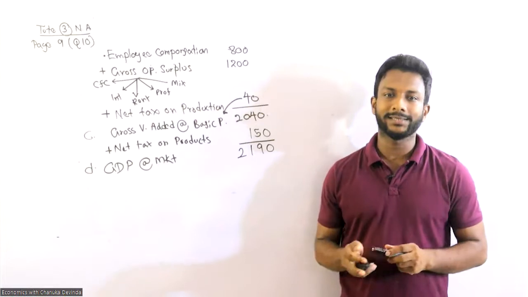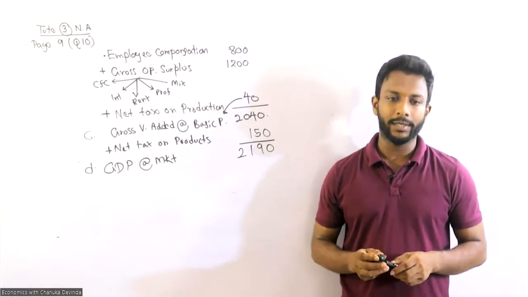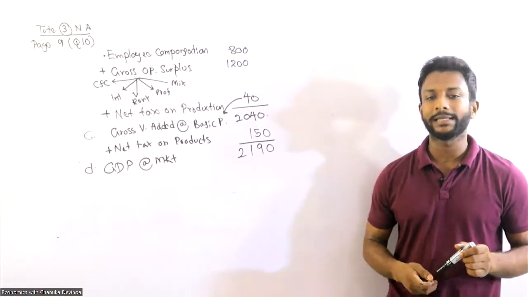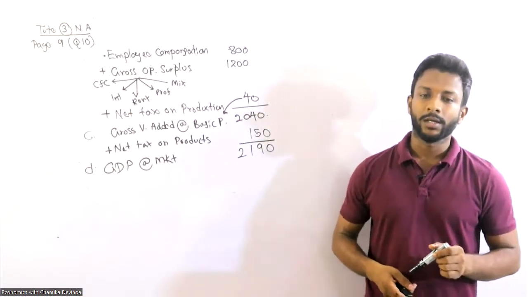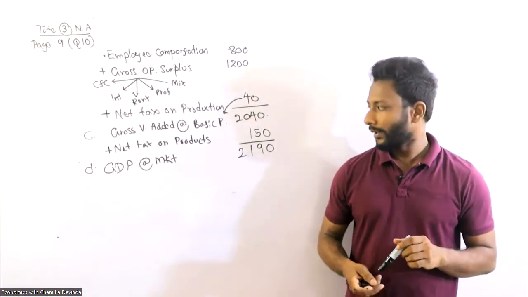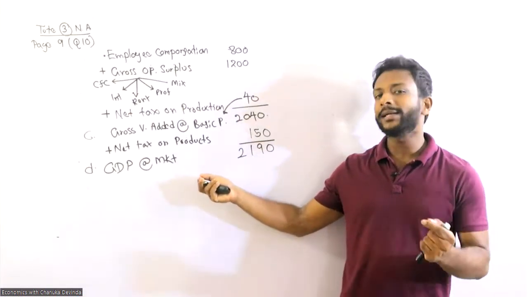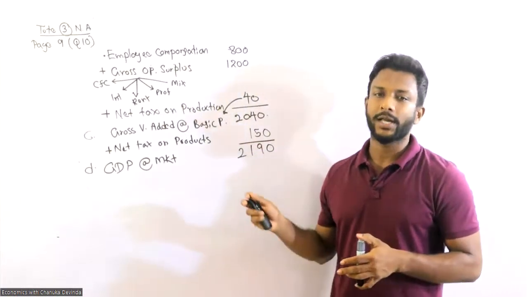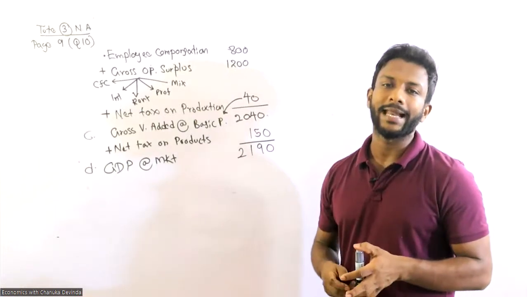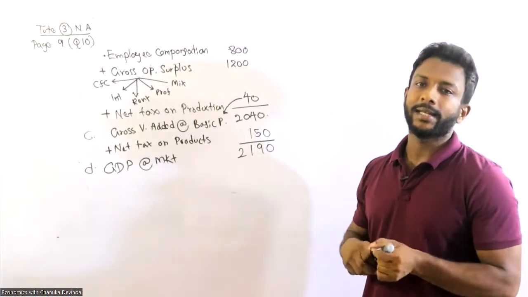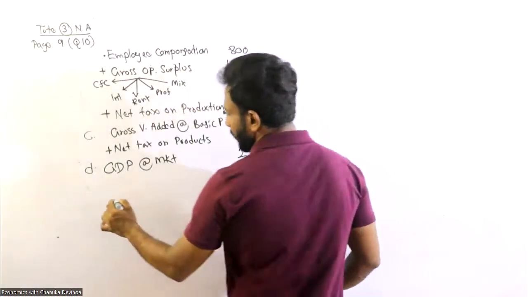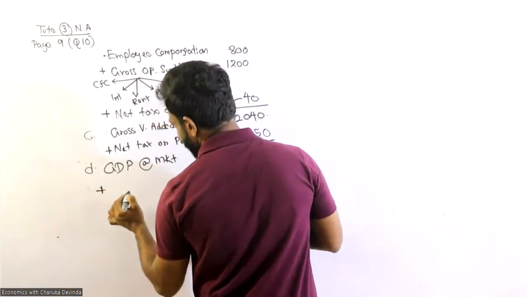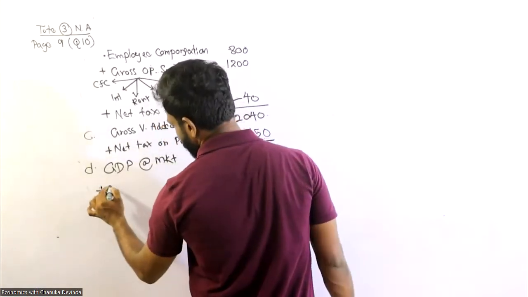So what's the last requirement? It is gross national income at market price. So by adjusting one line item to the gross domestic product, we can calculate GNI. You know what that adjustment is?